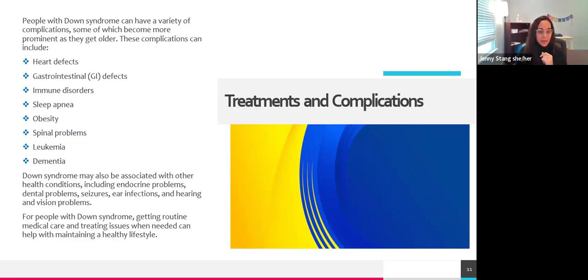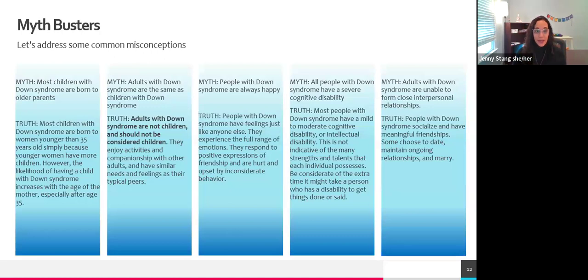So that's why there's an increased risk for them. Other problems that may be associated with Down syndrome include endocrine problems, dental problems, seizures, ear infections, and hearing and vision problems. So of course, people with Down syndrome need to get routine medical care in treating these issues and to help maintain a healthy lifestyle. So now we're going to get into the myths.